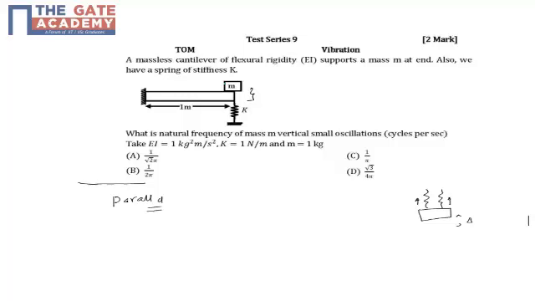As we know, in all these vibration problems, the basic thing is, assuming that there is no spring, if you have a block, we used to replace this entire system by a stiffness which is equivalent to the beam stiffness.